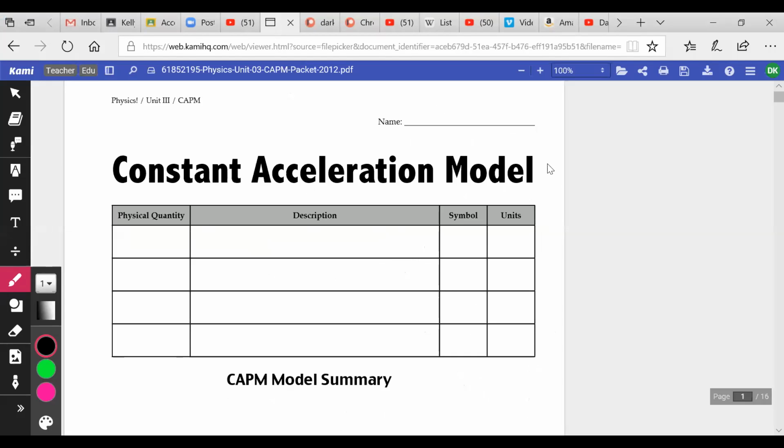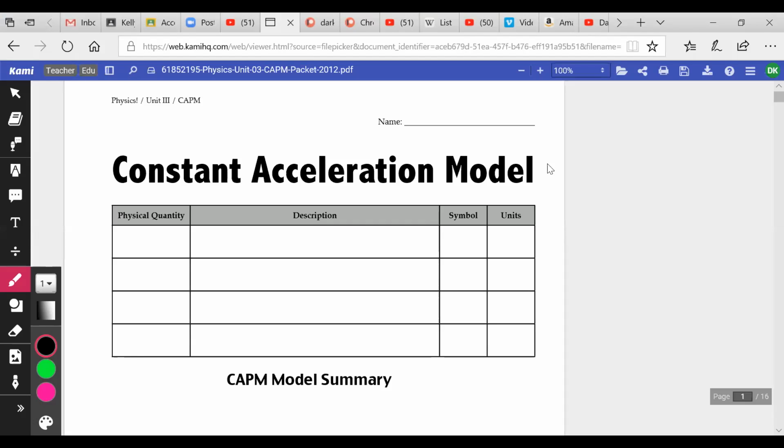So let's take a look at some definitions that we can think about within the constant acceleration particle model. So I'm here in my CAMI version. You can download that for yourself if you want, or you can write it on your paper. But with acceleration, like the CVPM, what is one physical quantity that we can measure or talk about with the acceleration model?